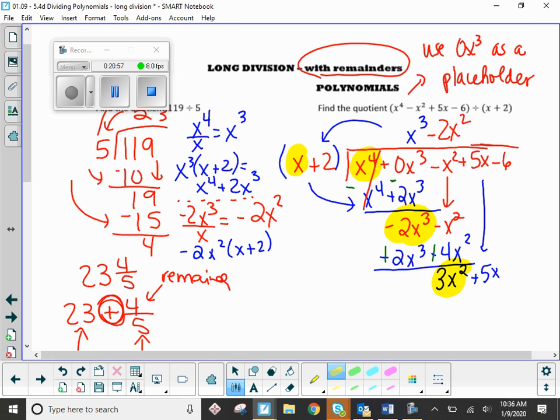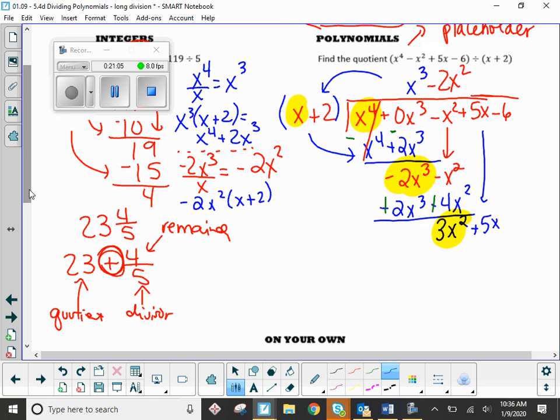And now I'm taking that 3x squared divided by that x up there. So this first term divided by this first term. And what is 3x squared divided by x? 3x. That goes up here above the 5x.